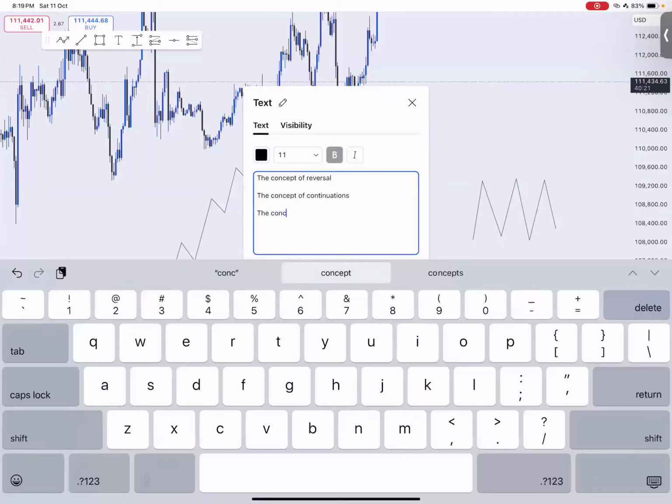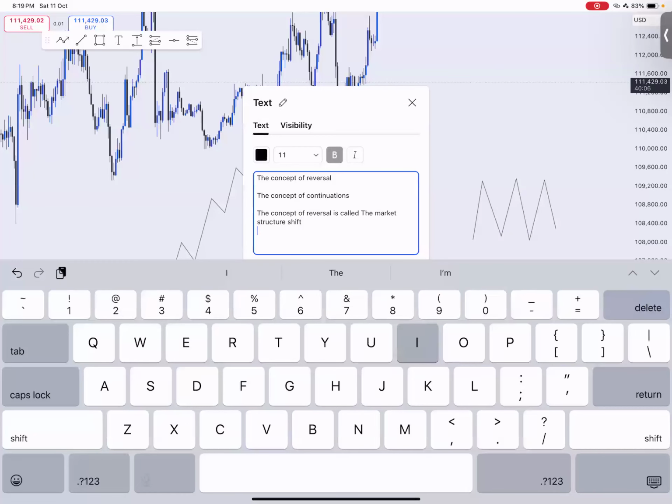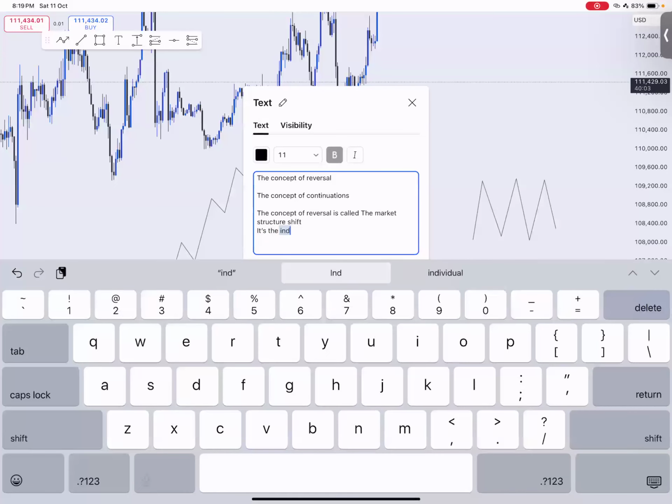The concept of reversals is called the market structure shift, or an MSS. It is the indication that the current trend of the market is ending and the new trend is about to begin in the opposite direction.